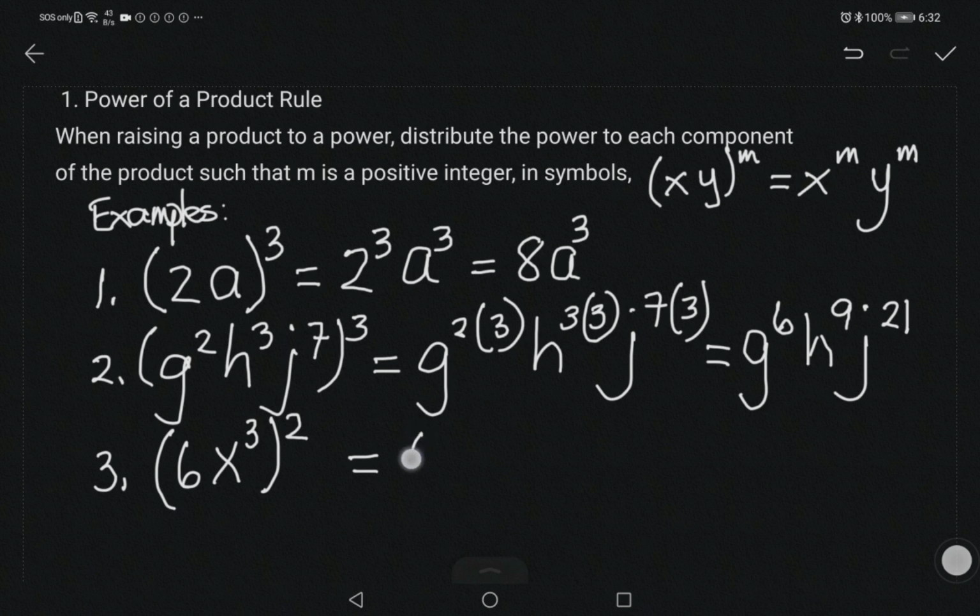So 6 squared, x raised to the power of 3 times 2, is equal to 6 squared is 36, then x raised to the power of 3 times 2 is 6.